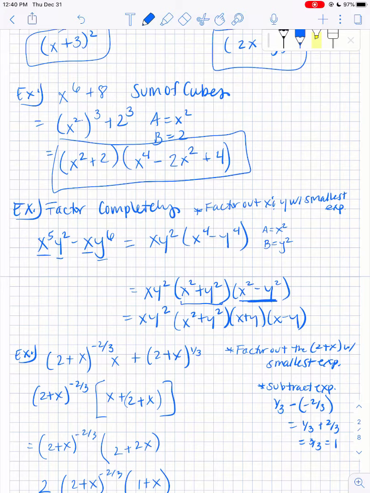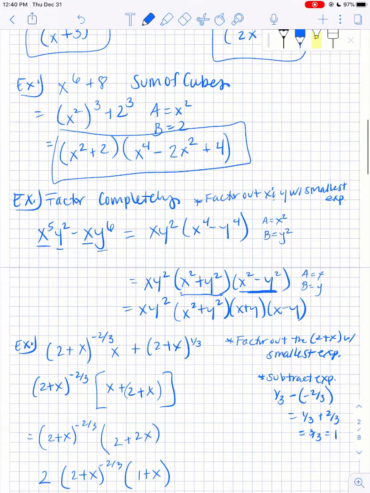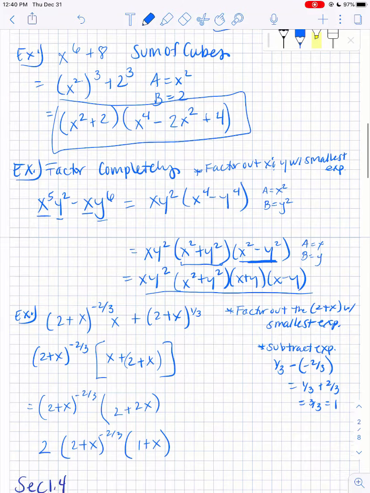So I do x squared plus y squared, x plus y, and then x minus y, because our a is x and our b is y. Okay, so this is our fully factored form. We can't factor x squared plus y squared anymore, so we just leave it.